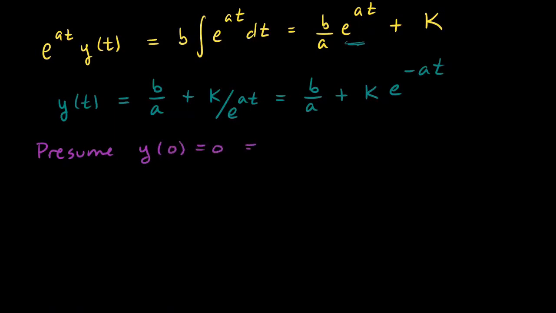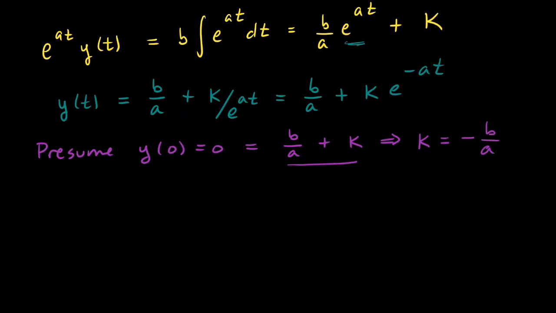And that's just going to equal b over a plus k, right? Because e to the 0 power is just going to be a 1. So I just have that expression. And since this has to be equal to 0, that tells me that k equals negative b over a.